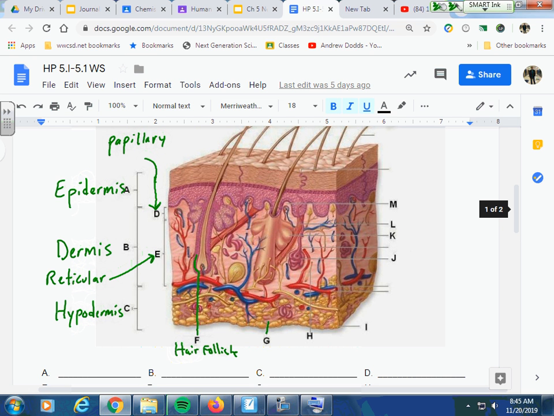And then G is pointing right in here to areolar tissue. H is just pointing at these things that are running through here, which are just nerve fibers. And I is pointing at just adipose tissue, that's fat.